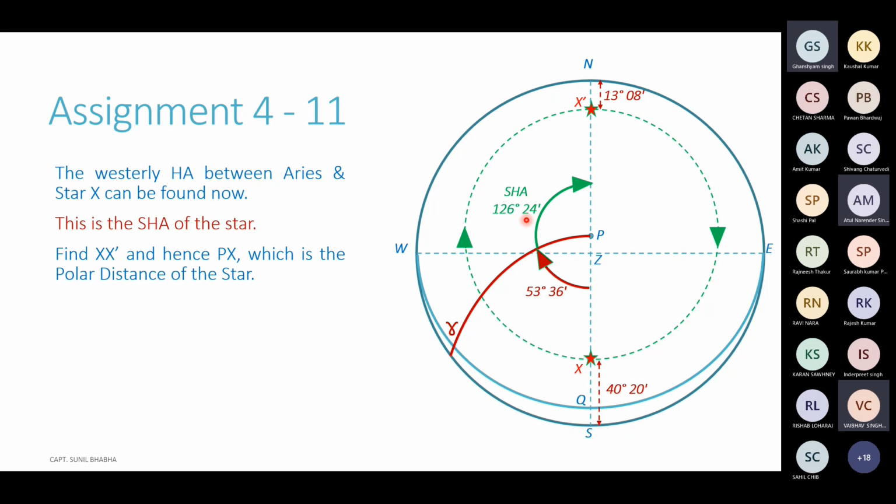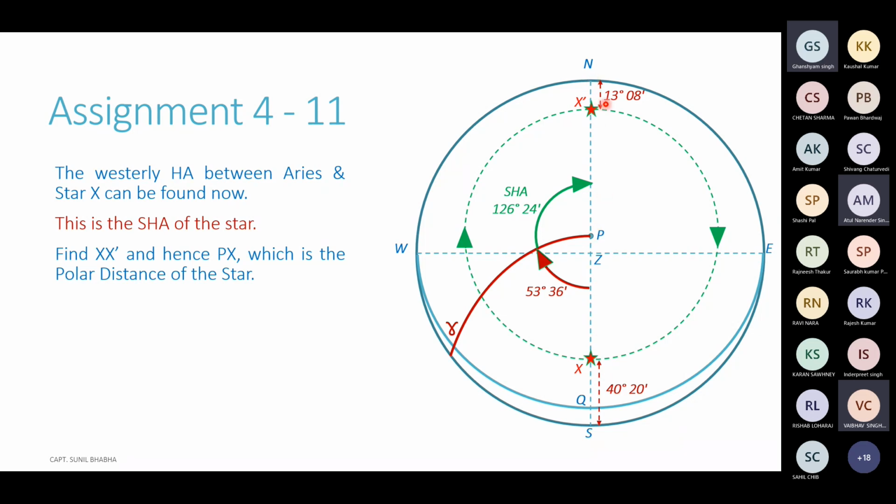Now what we do is, you see we have this NX dash arc known to us. It is 13 degrees 08 minutes. We have the SX arc also known to us. It is 40 degrees 20 minutes. And we are aware that from point S to Z is 90 degrees. Z to N is again 90 degrees. So this total N to S is 180 degrees.